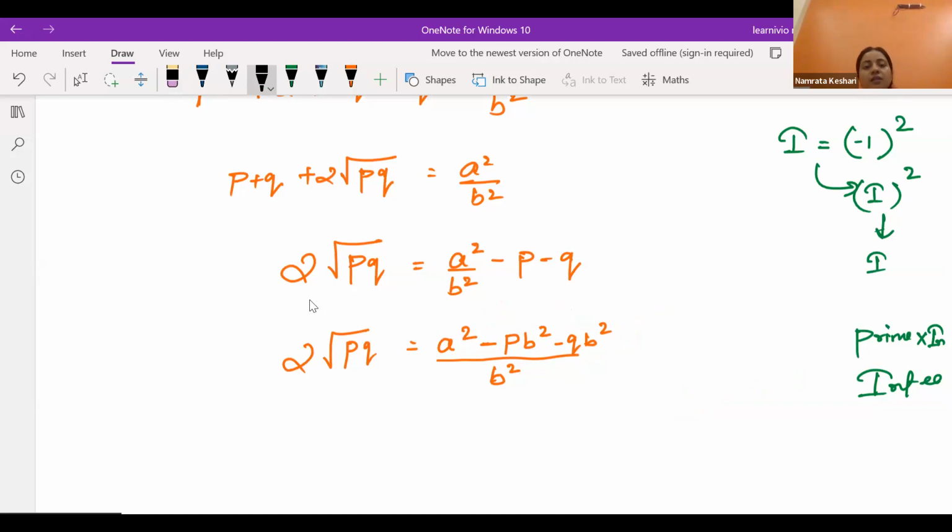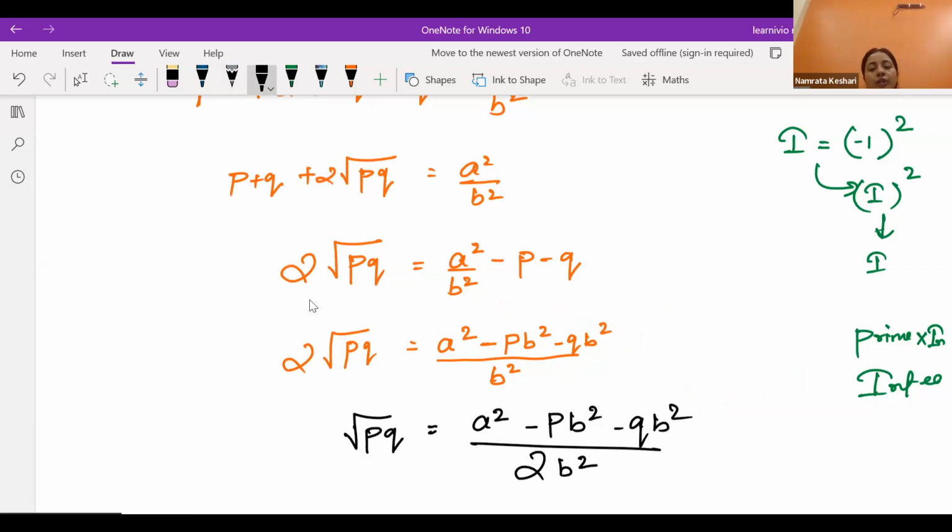But before that, let me take this 2 to the other side first, because we wanted to isolate the root term. So it will be 2b square over here. Here we'll have a square minus pb square minus qb square. This is nothing but integer by integer.